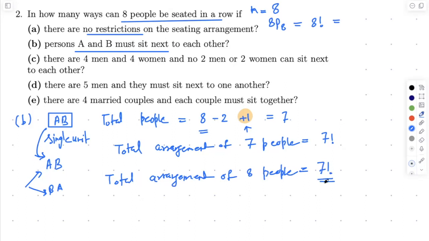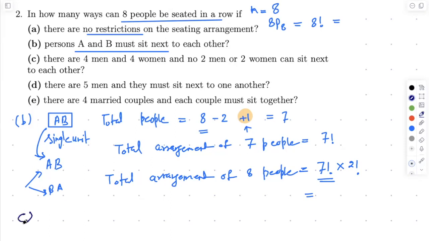These are for the 7 places. But yes, AB, which is a single unit, may have 2 permutations here. I'm multiplying it by 2 factorial. So this is your answer. Last time I multiplied by 3 factorial. This time 2 factorial because I have only 2 persons in the single unit. Okay.